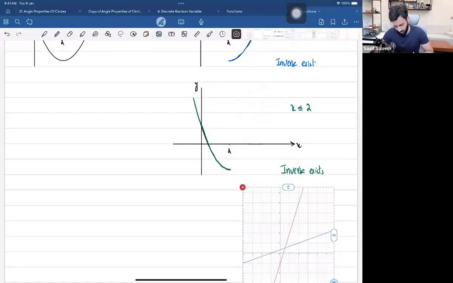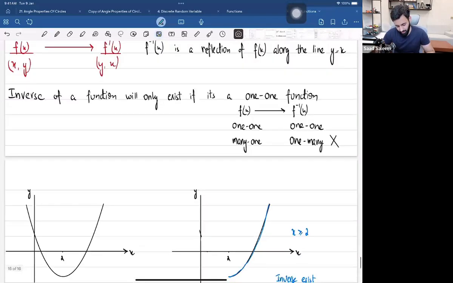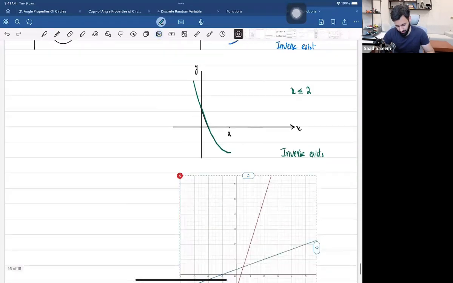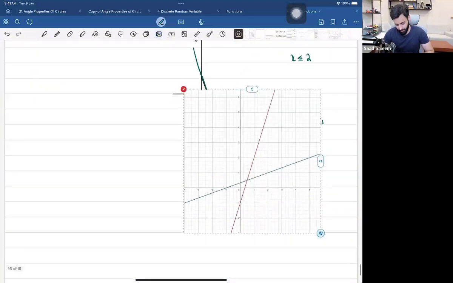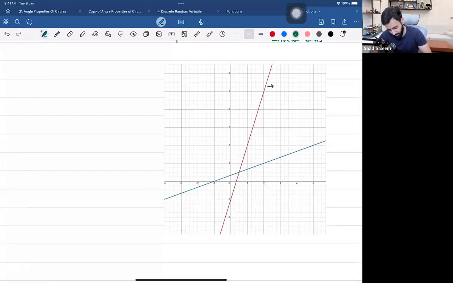Okay, great. Now this is basically the graphical relationship between these two functions. I'm going to paste it over here so that you guys have a note of it. So what you see in red is basically f of x, and what you see in blue is basically f inverse of x.